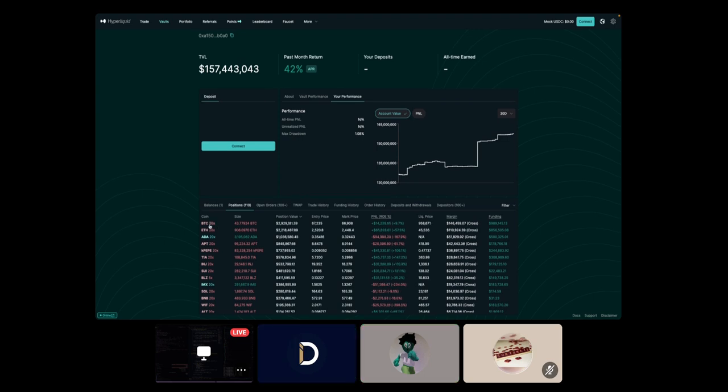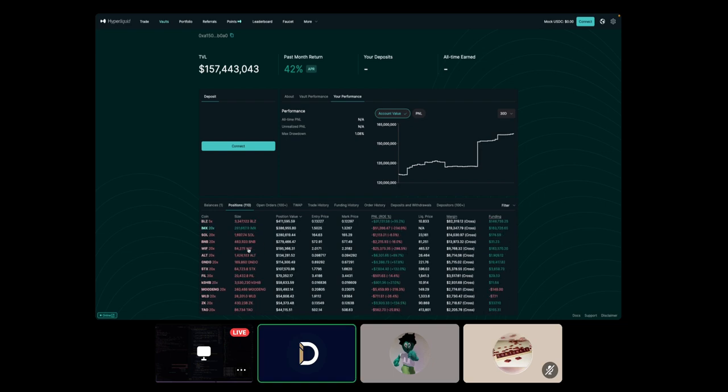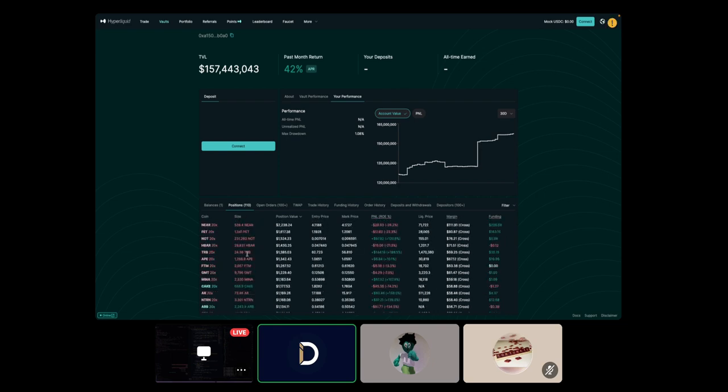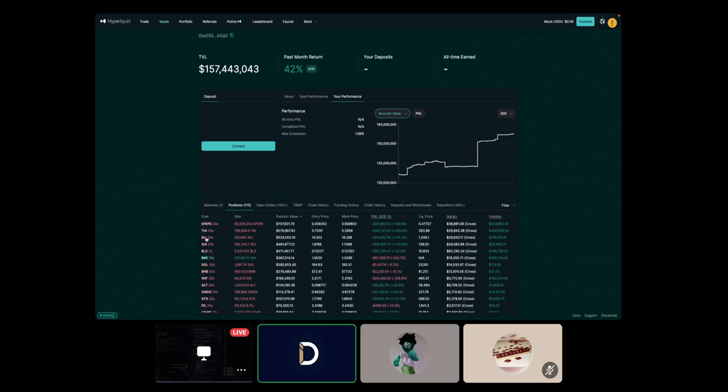You can see the portfolio. It's literally an ETF strategy. It's holding Bitcoin, ETH.